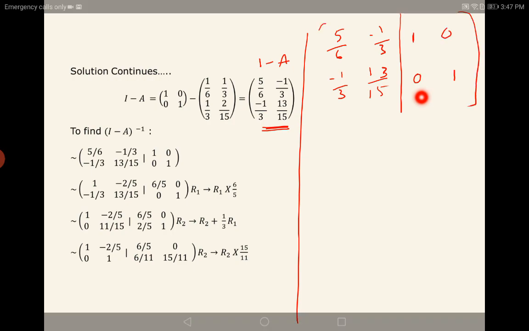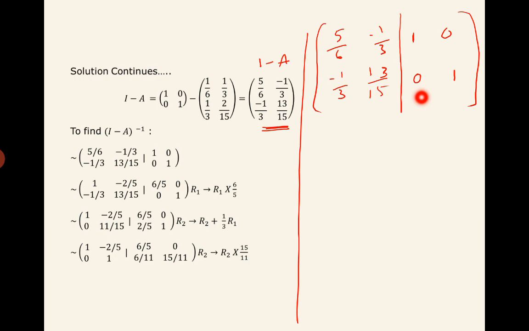This is the entire matrix now, a matrix with 2 rows and 4 columns. Now the purpose is to reduce this matrix, and then the right side matrix will be a new non-identity matrix. That's it. So let's try.